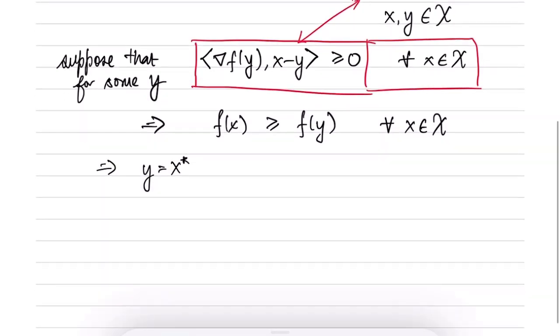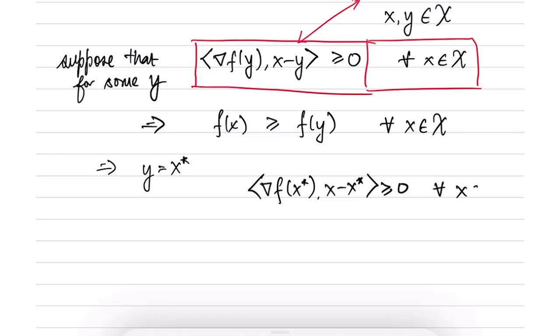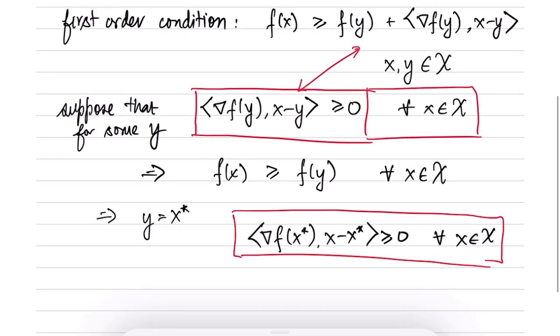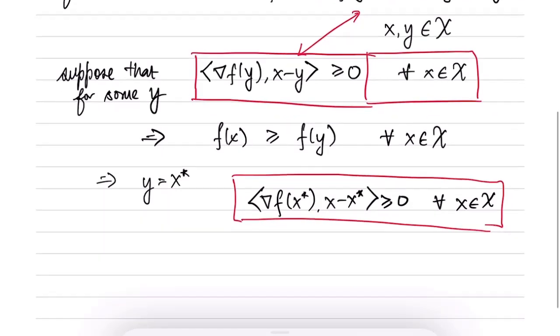If I write it in terms of x star, I can also say that gradient f of x star comma x minus x star is greater than or equal to 0 for all x in calligraphic X. So x star satisfies this condition, and if this condition is satisfied, then that point is in fact x star, which follows from the first order condition.